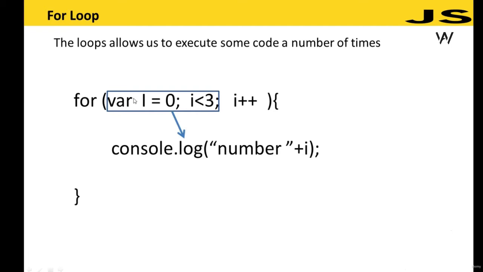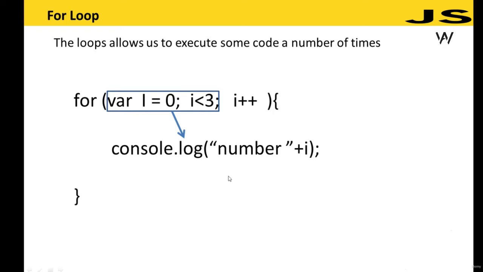It's like you type var i = 0 and you go to the next line and type if i is less than 3, console log number plus i. i equals what now? Equal to 0. So console log number plus 0. Great, this is the first execution. Remember, we care just about these two pieces of syntax.